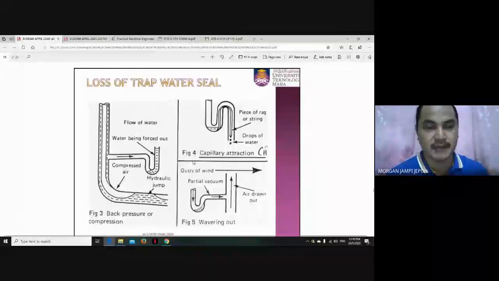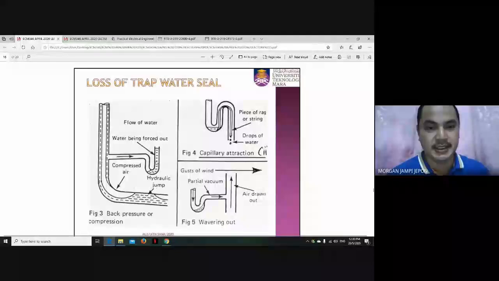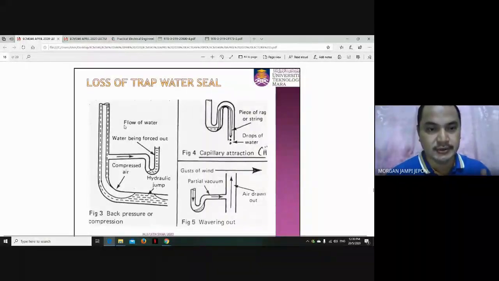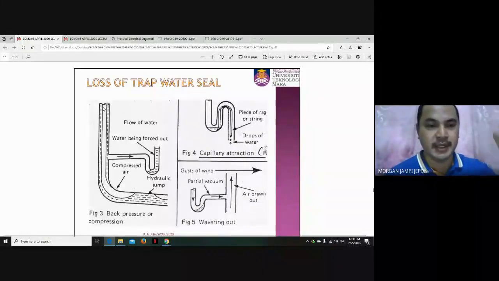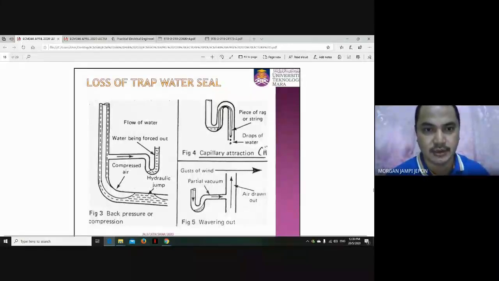So this is pipe from the top of the building, and this is the water closet. So when people upstairs flush, that causes the compressed air here, and that forces the water out of the trap or the water closet, and this is called a loss of trap by back pressure or compression.